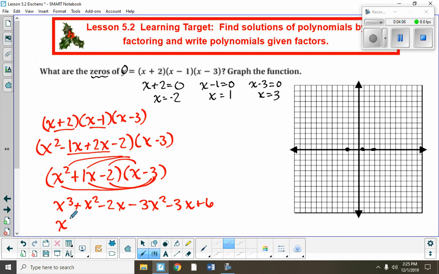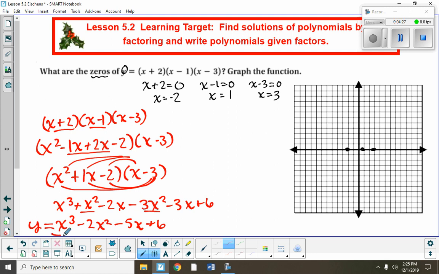That gives us x cubed. Let's combine like terms here. That would be negative 2x squared. Minus 2x and minus 3x is minus 5x, and plus 6. So the multiplied out form of the polynomial is x cubed minus 2x squared minus 5x plus 6.